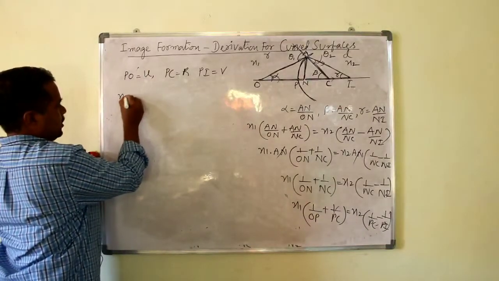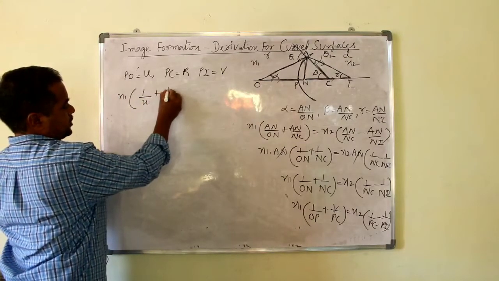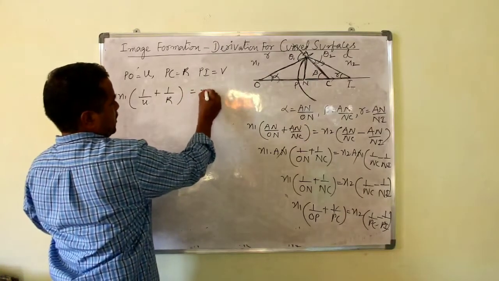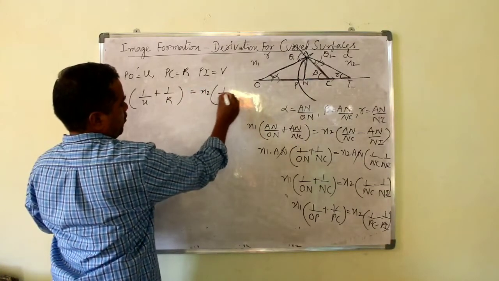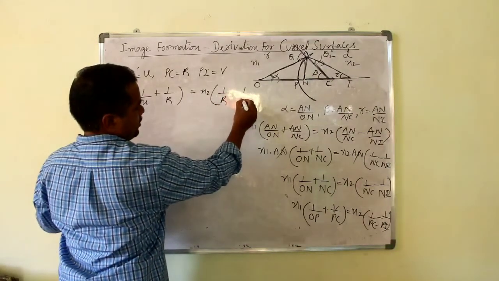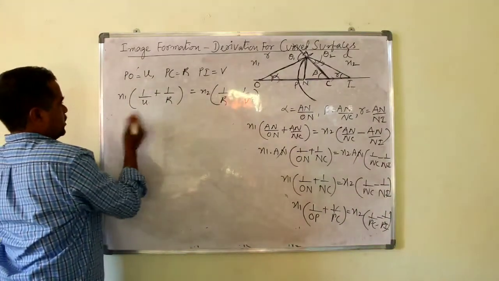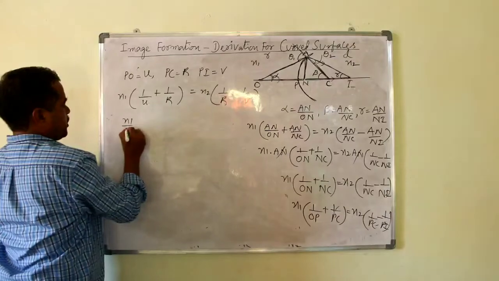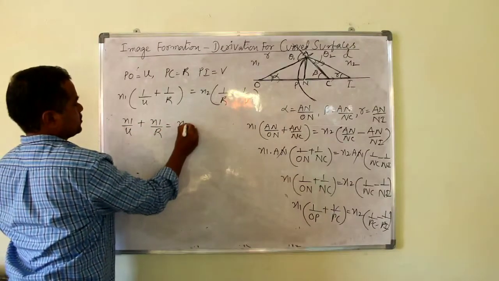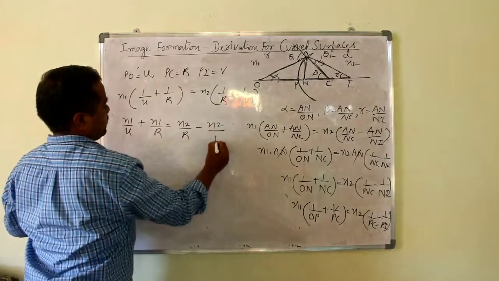We get n1 into (1 by U plus 1 by R) is equal to n2 into (1 by R minus 1 by V). Remove the brackets: n1 by U plus n1 by R is equal to n2 by R minus n2 by V.